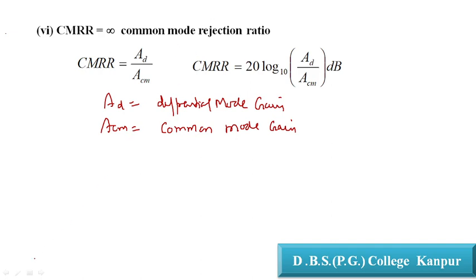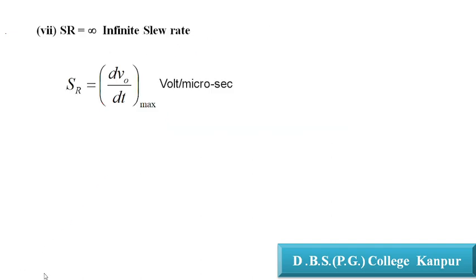Now we go to the next property, a very important one, slew rate. Slew rate for an ideal operational amplifier should be infinite.